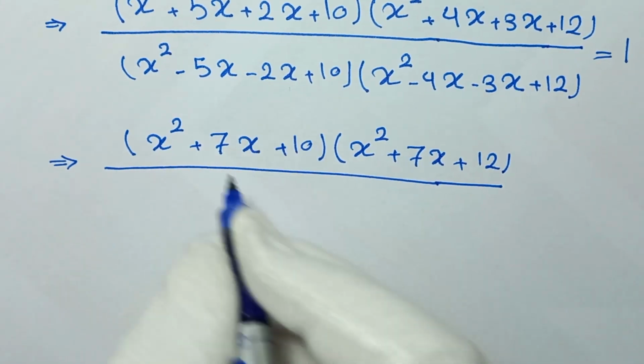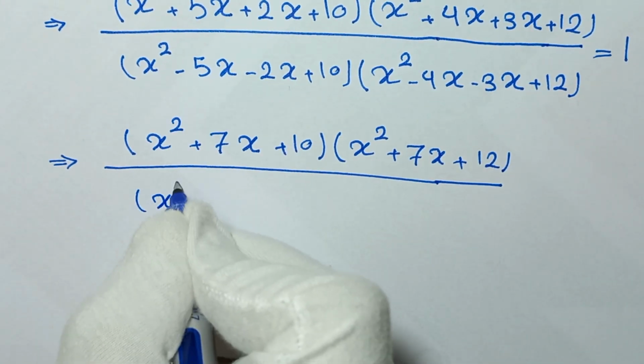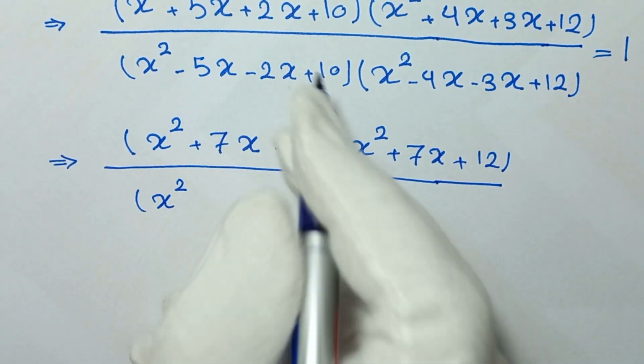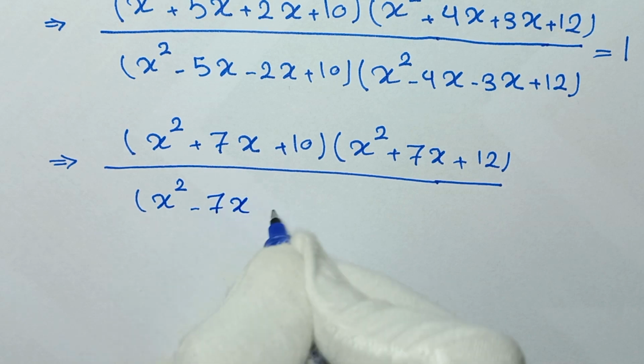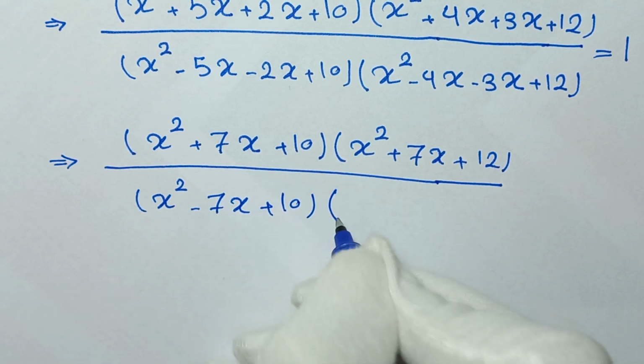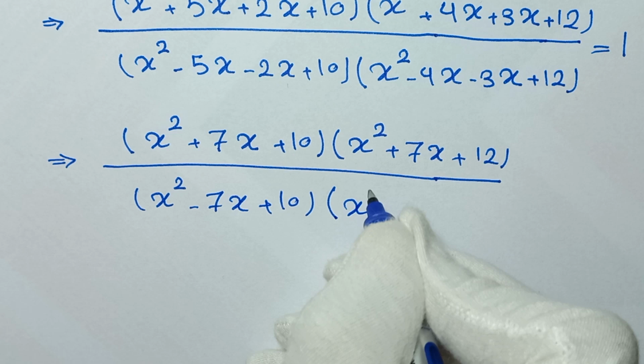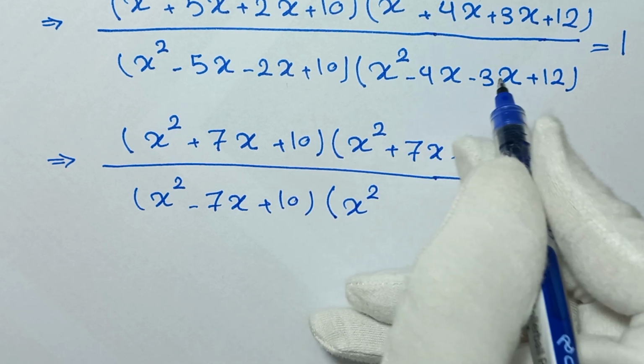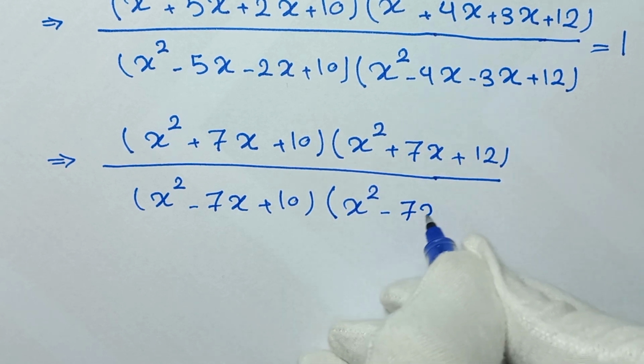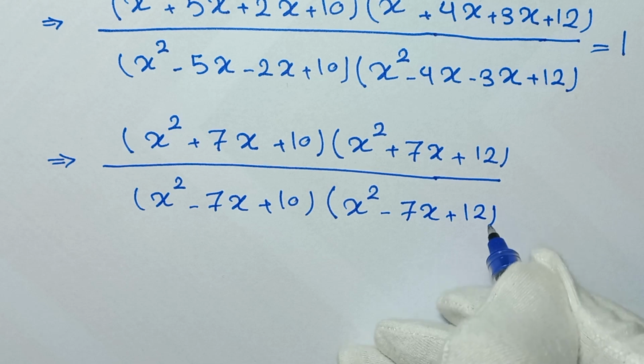And for the denominator, in here we have x squared, negative 5x minus 2x is negative 7x, and plus 10, and times x squared, negative 4x minus 3x is negative 7x, and plus 12 is equal to 1.